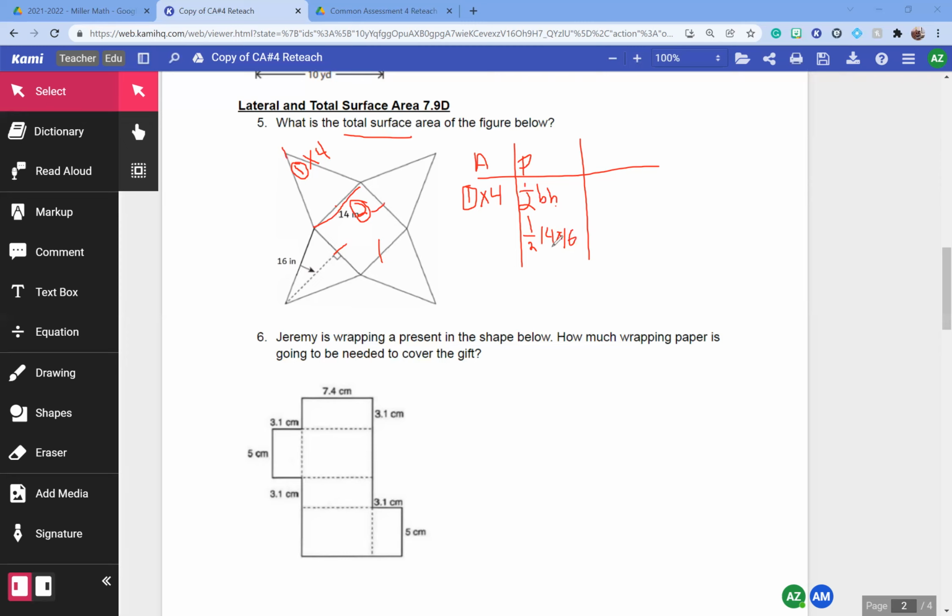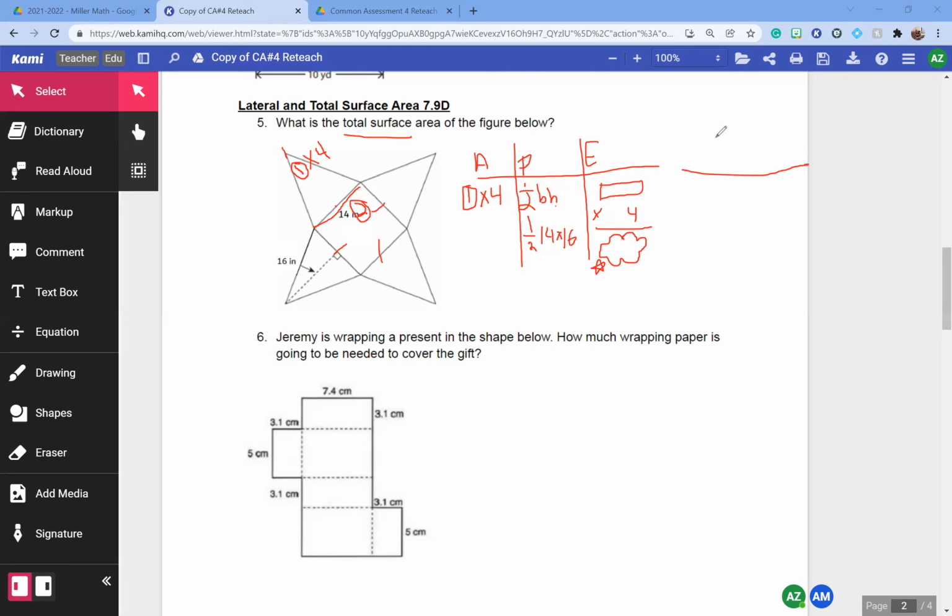So I'm going to multiply, then divide by 2 because I only want 1/2 of that. When I get that answer in my evaluate, I'm going to multiply that times 4 because I have 4 different triangles. So I'm just going to make them in little shapes so that I remember what they are. This is going to be the area for the triangles.